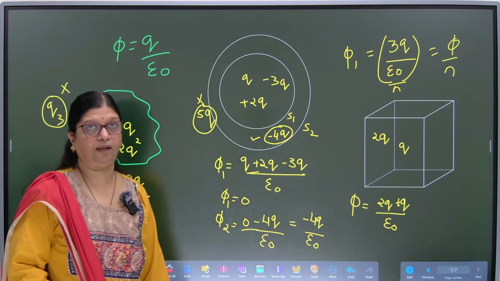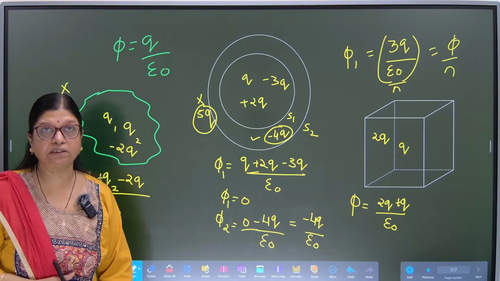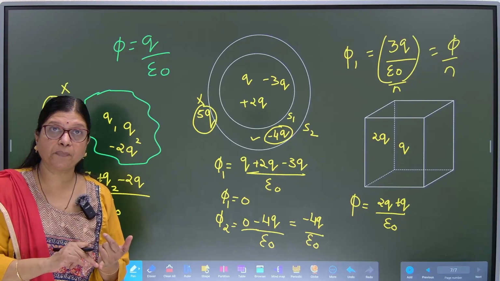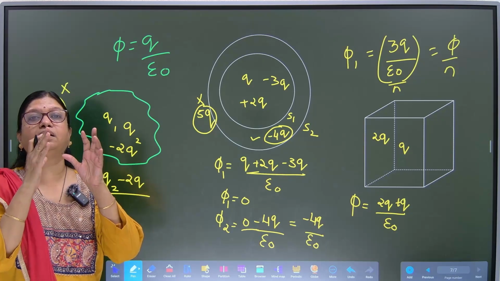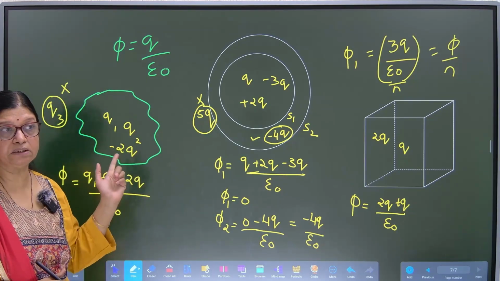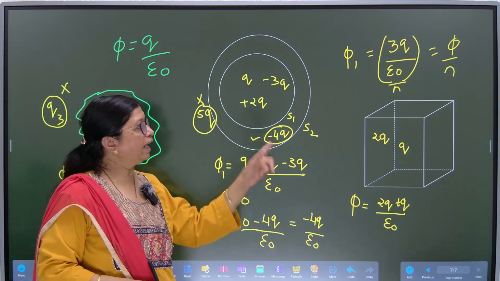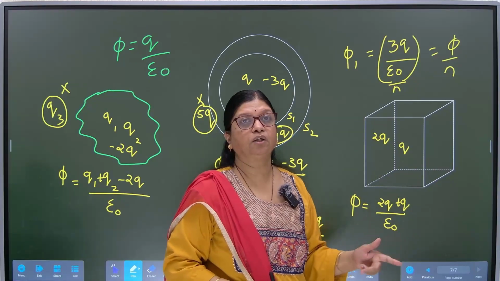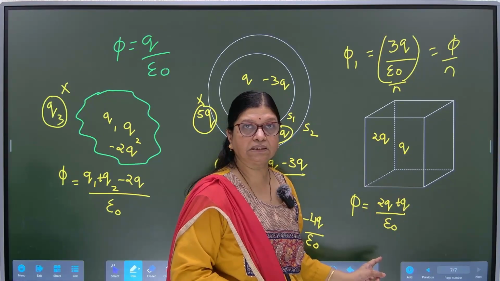So in this way, for different types of surfaces, the value of flux will depend upon the charges enclosed in the given area, whether it is an irregular surface, a circle, or a cube. If they are asking for the flux through the total cube, then this is the answer.